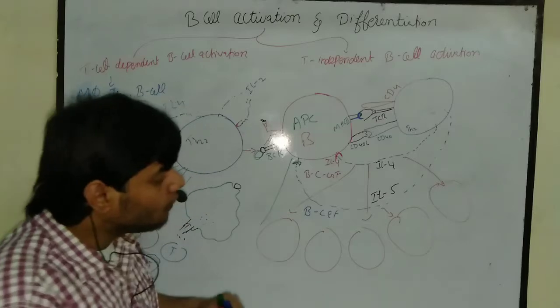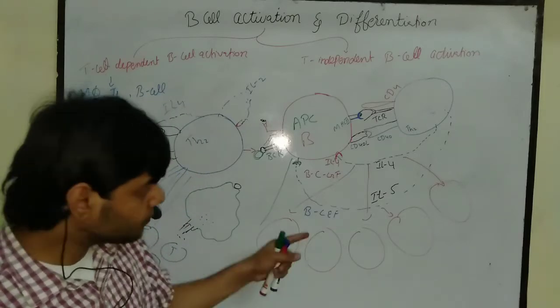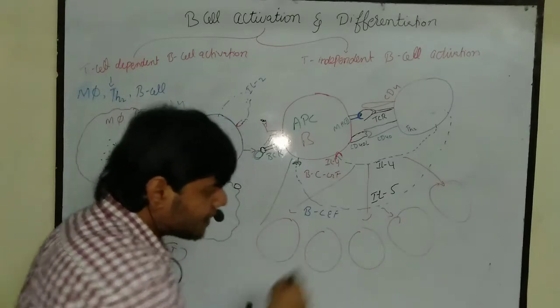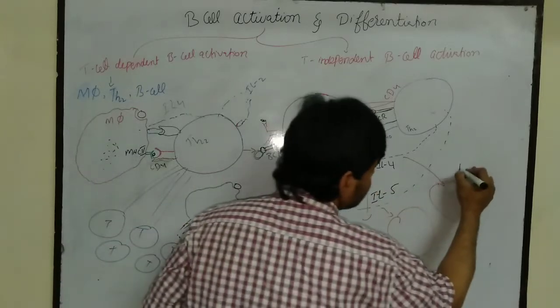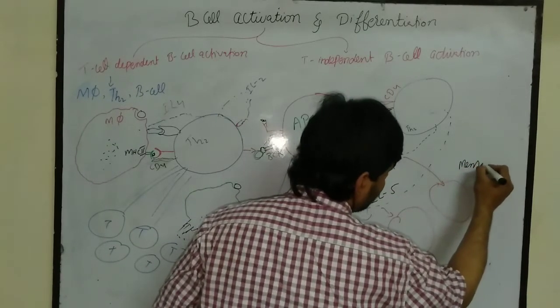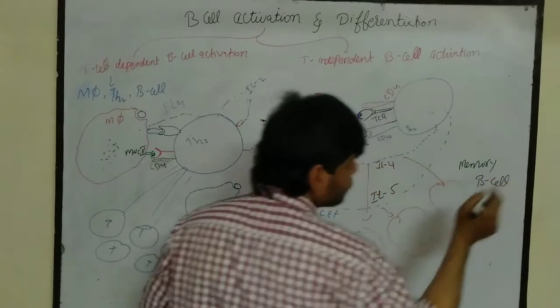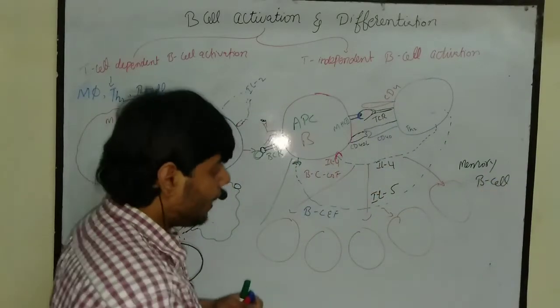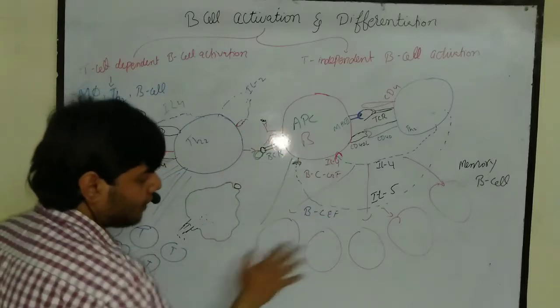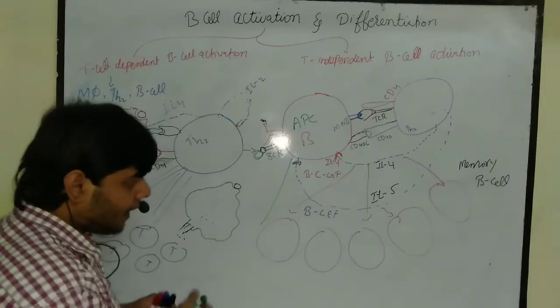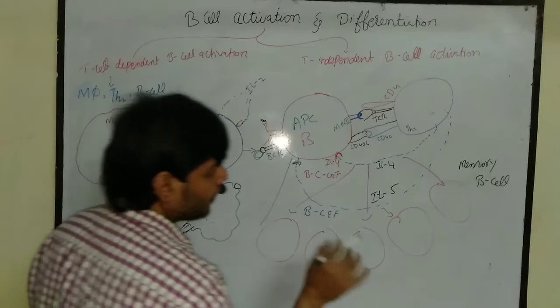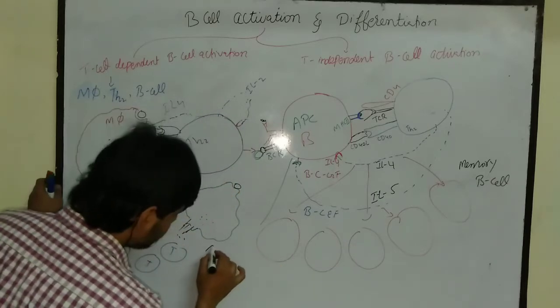Due to this way, we get the plasma cell. Among each B cell, we also have the memory B cell. So we also have memory B cells among them, and we have the same type of B cell. And all these B cells will be converted into plasma cells.